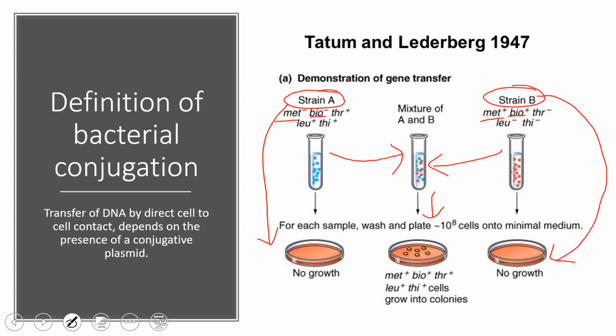At first, strain A was unable to synthesize methionine and biotin, and similarly strain B was unable to synthesize threonine, leucine and thiamine. But when the two bacteria were mixed, DNA was transferred from one bacterium to another, and some of the bacteria survived in the minimal medium. Those bacteria which survived are the ones in which conjugation was performed, or the DNA was transferred from one bacterium to another.